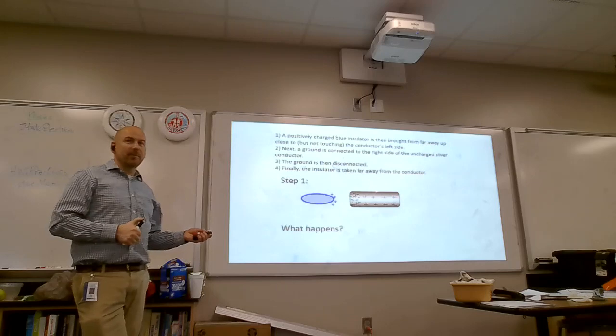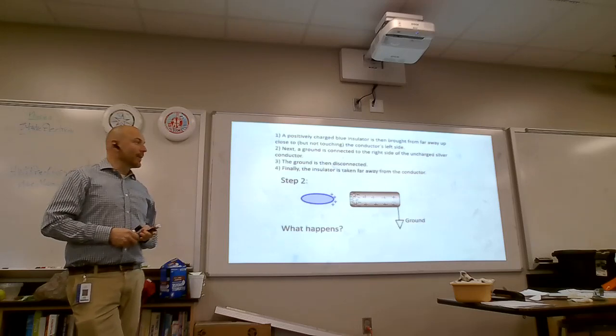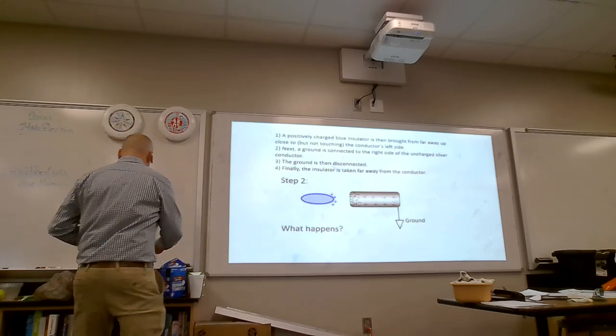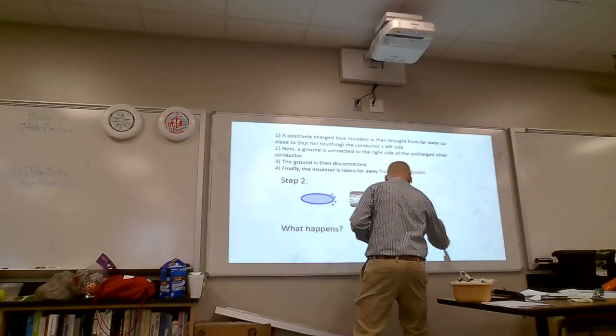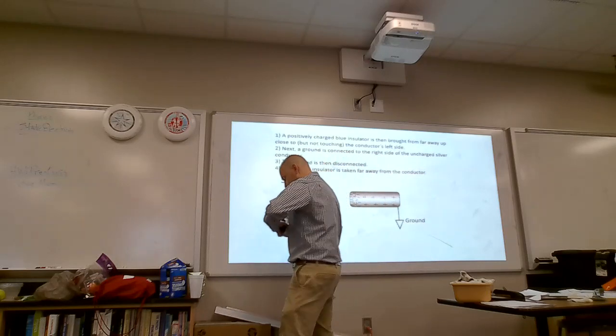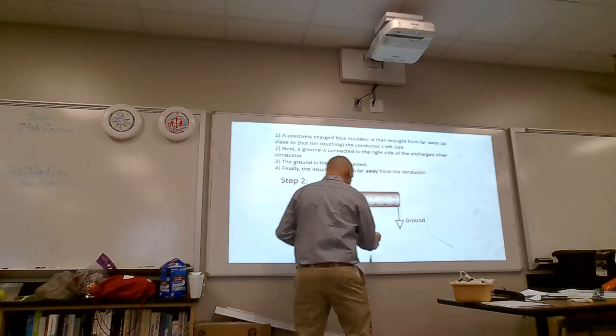You still have the same number of electrons as protons. Then we connect the opposite side to ground. Okay, so what that's doing is pretending we're connecting this to something huge and neutral, like the Earth or something, that has an equal number of protons and electrons.